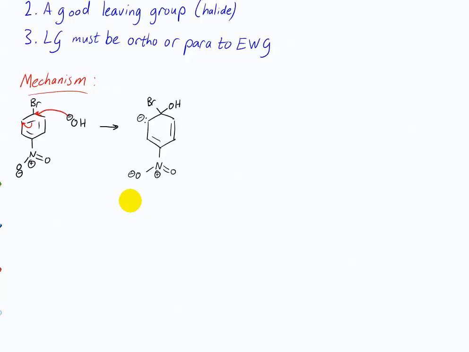Now the reason that this is a stabilized intermediate is because of the position of that nitro group. Because of the position of that nitro group, we can draw a resonance structure that delocalizes that negative charge to the oxygen.